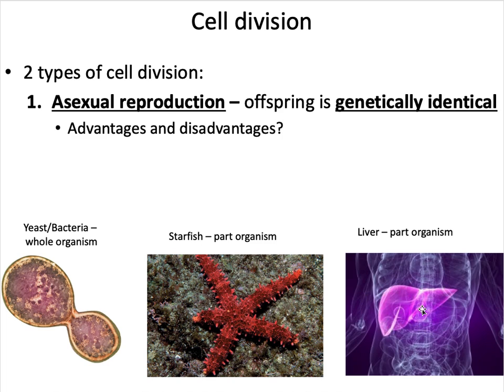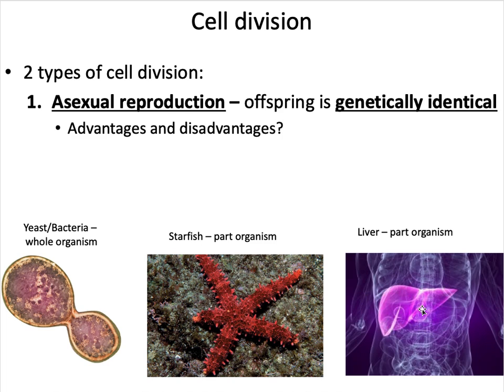And then another advantage is that with asexual reproduction, you don't need a mate, you don't need a partner. Another advantage is that it takes less time, so you can reproduce faster to get a large number of offspring.